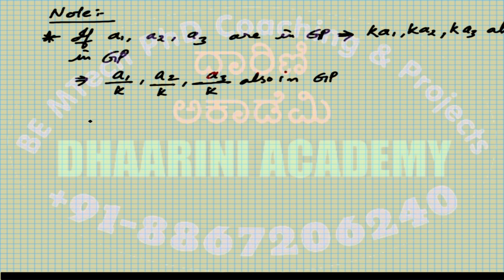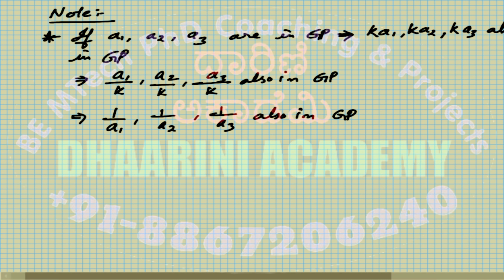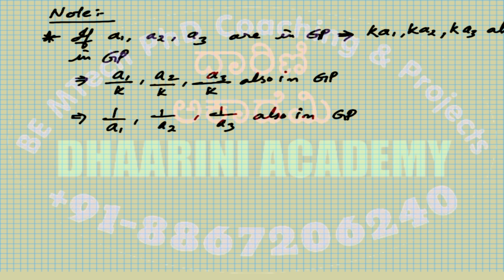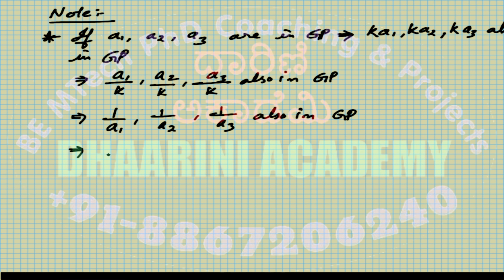This also implies 1 by A1, 1 by A2, 1 by A3 are also in GP. The common ratio will definitely change, but that is also going to be in GP. And this also implies A1 to the n, A2 to the n, A3 to the n is also in GP.